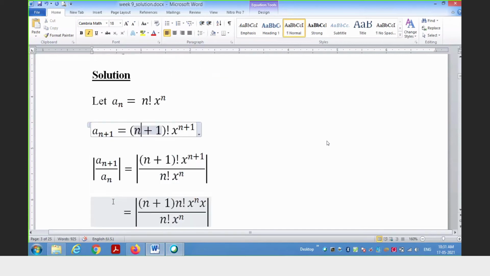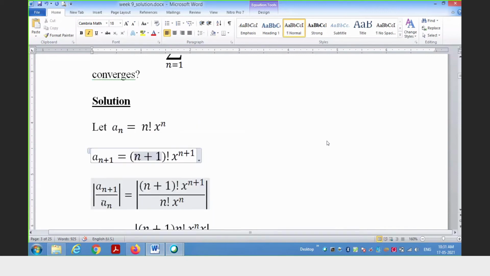Now to use the ratio test, we need to take the ratio a_(n+1) over a_n, and then take the absolute value. So you replace a_(n+1) with (n+1) factorial times x to the power of n+1, over a_n, which is n factorial times x to the power of n.